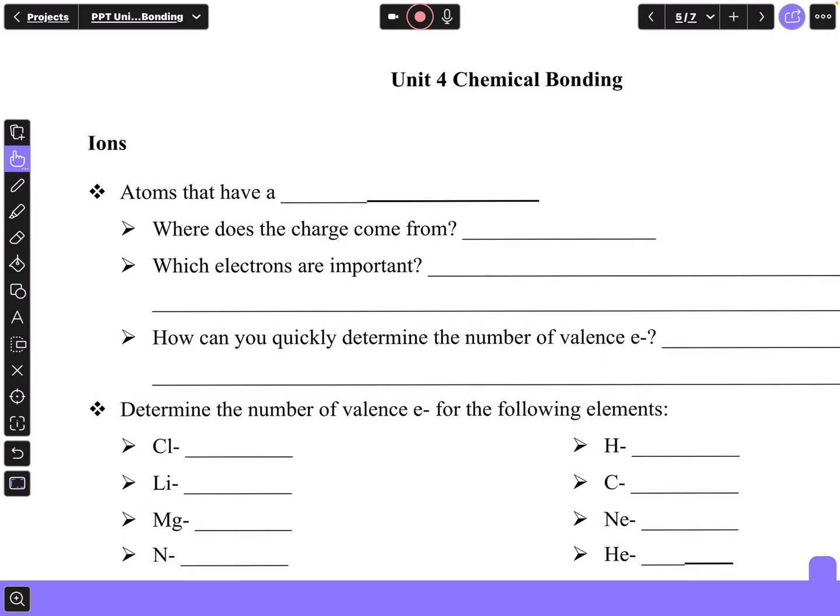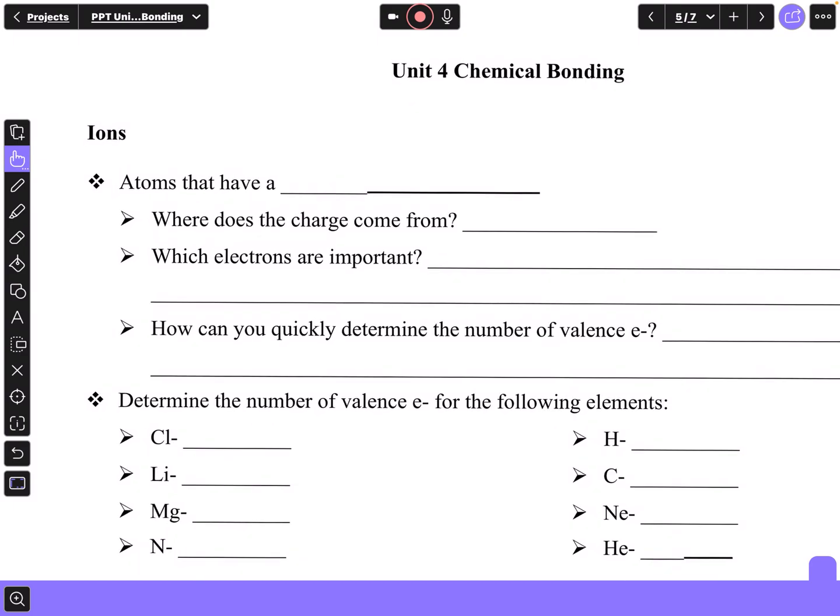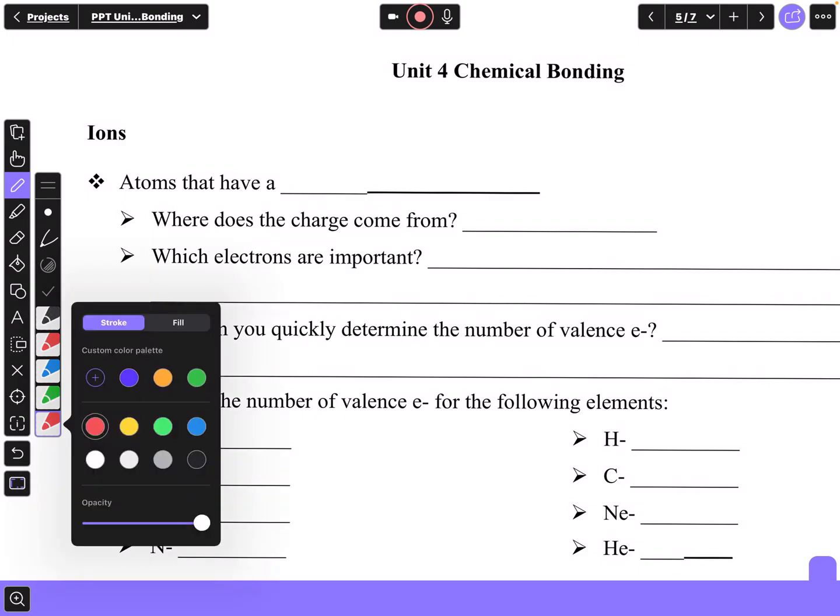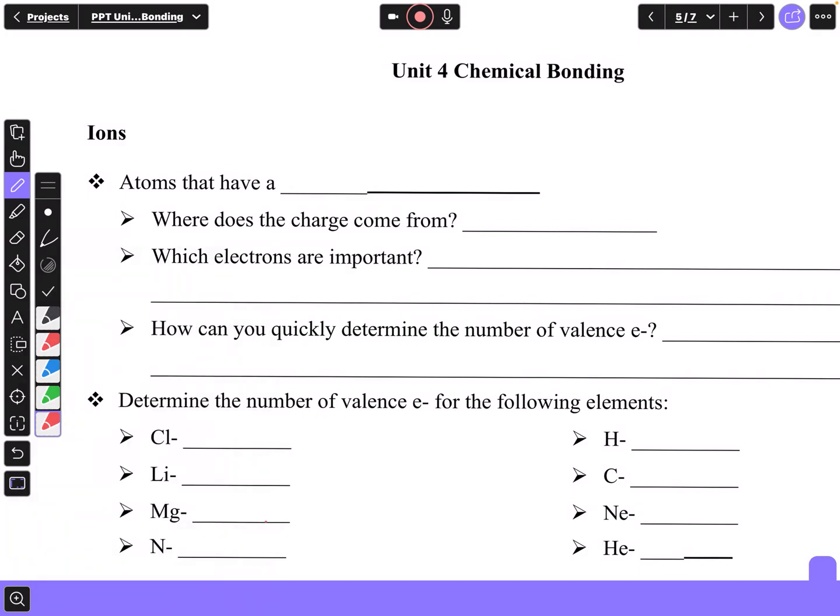We've done very little with bonding so far, but the first thing we need to talk about is ions and what exactly they are. Well, ions are atoms that have a charge.